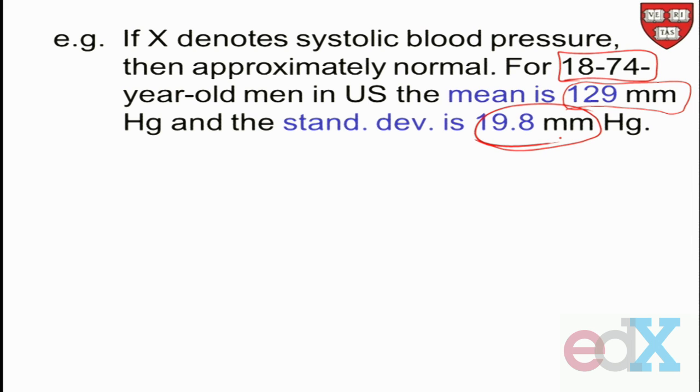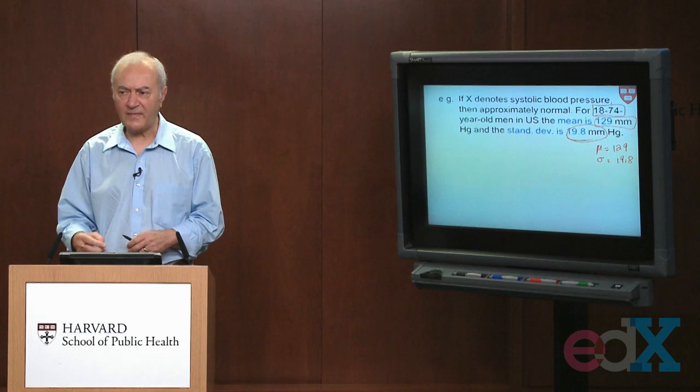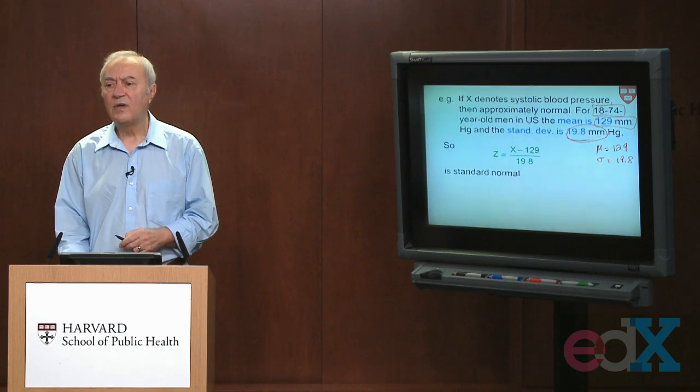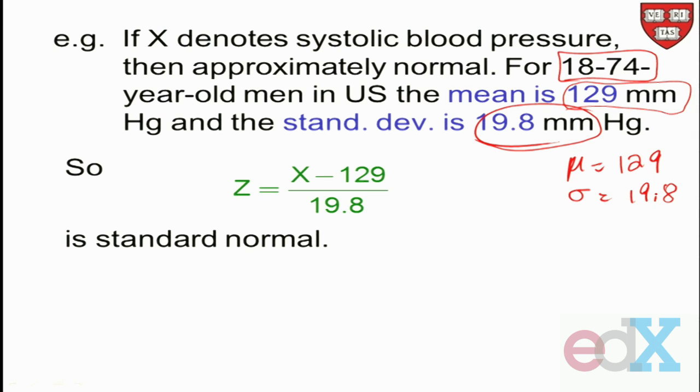So I've got a mu of 129 and a sigma of 19.8, everything being measured in millimeters of mercury. If I want to standardize things, I subtract mu, divide by sigma, and there it is. So my standard variate z is x minus 129 divided by 19.8.